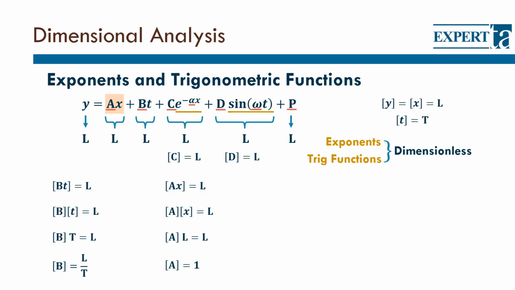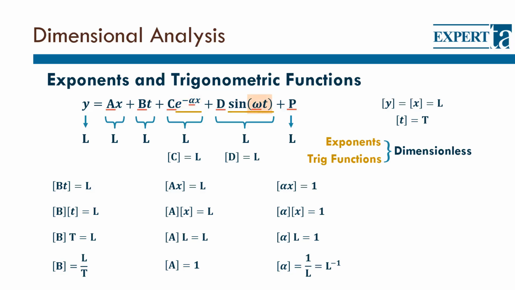Alright, so all that's done. Let's look at alpha and omega. In e to the negative alpha x, the exponent has to be dimensionless, which means alpha x is dimensionless, so the dimension of alpha times L is equal to 1, so the dimension of alpha is 1 over L, which is the same as L inverse. Now let's do the same thing for omega t.